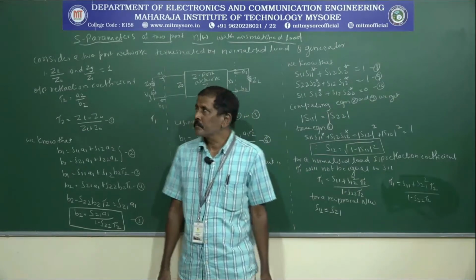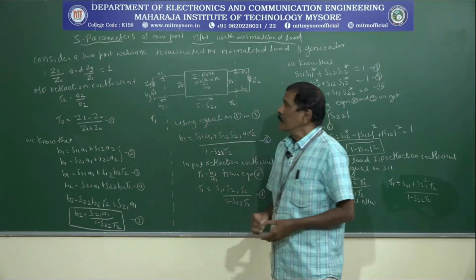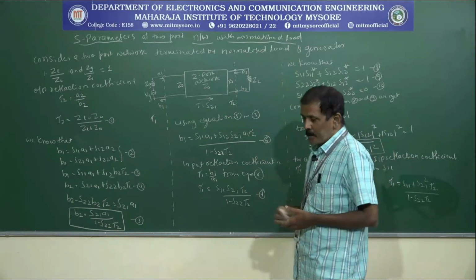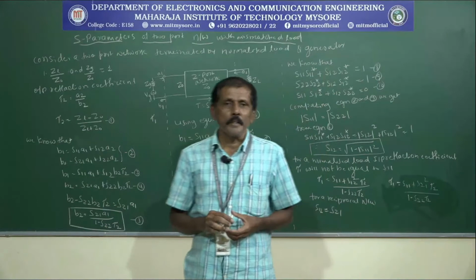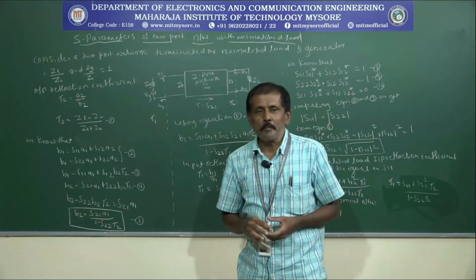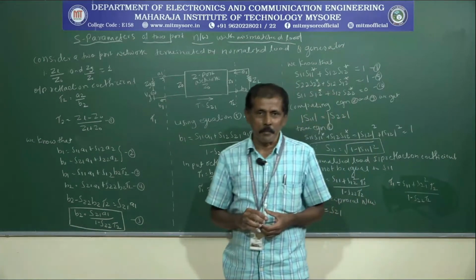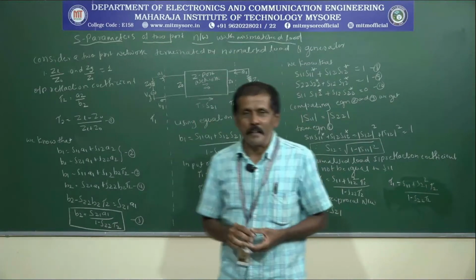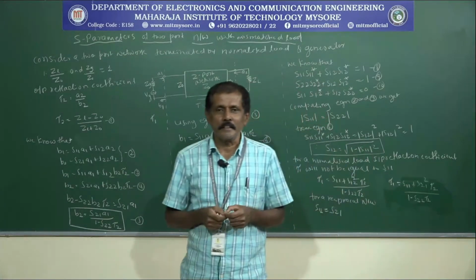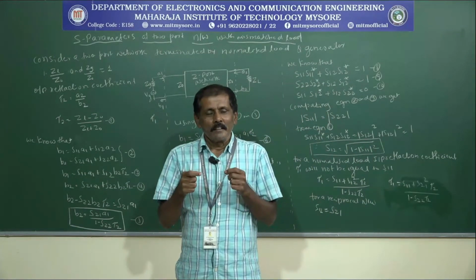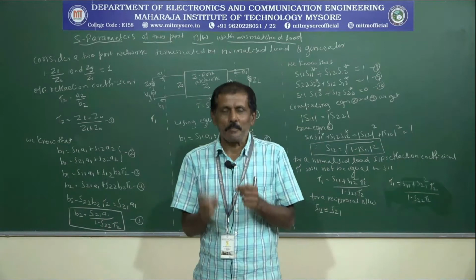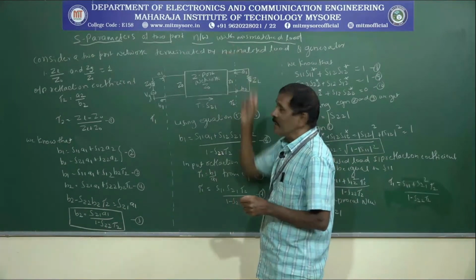In today's class, let us study the S parameters of a two-port network with mismatched load. Mismatched load means the load impedance is not matched with the characteristic impedance. Whatever transmission line we are using to connect the source and the destination is made of two different types of transmission lines with different characteristics, so there will be a discontinuity.